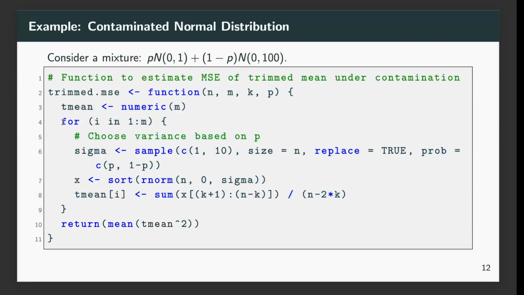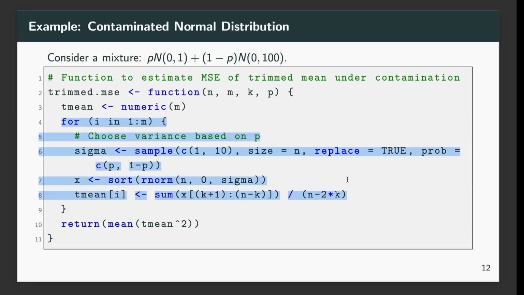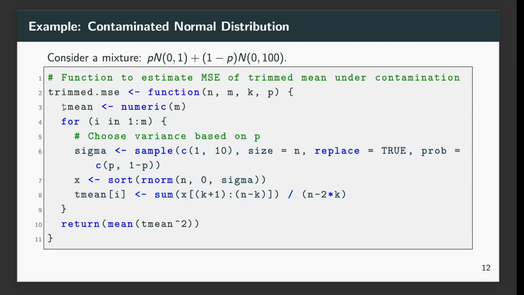Inside this function, we have a for loop, which is where we evaluate the estimates. Let us read line by line. First we generate the t mean, which is an empty vector with the length of m. The m will be introduced when we enter its value later.